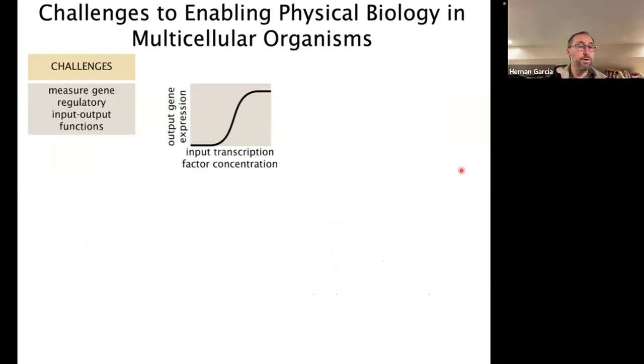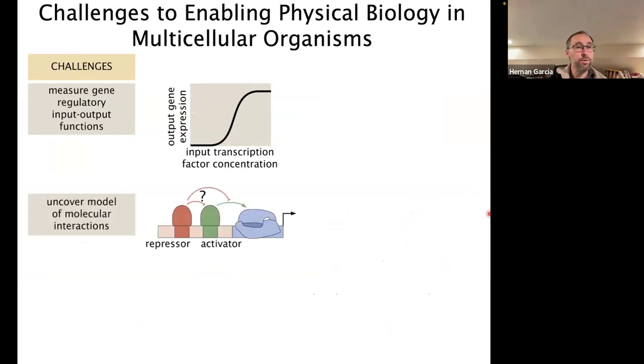So there are a few challenges to realizing this. One of them is that you need technology to measure the very same input-output functions that we're trying to predict. Second, I told you about grabbing the qualitative cartoon models and turning them into math, but sometimes we don't even know the cartoon model.